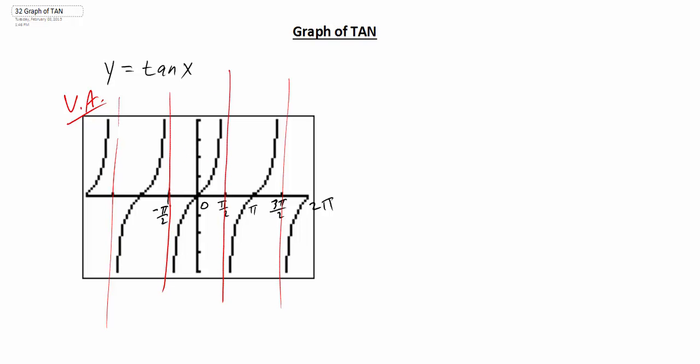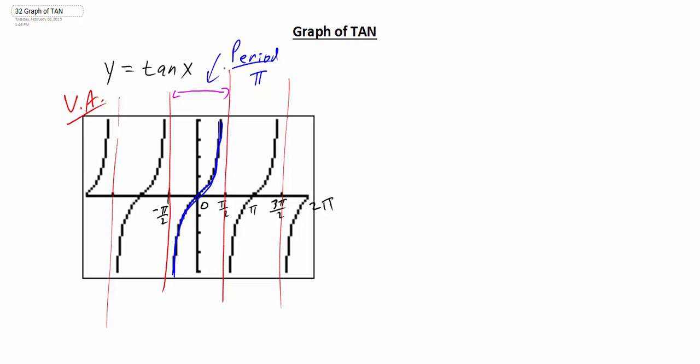If we go from negative pi over 2 to a positive pi over 2, and we look at this part of our graph right in here, once we go from negative pi over 2 to pi over 2, then the graph starts to repeat itself. So the period for just your standard tangent function is going to be equal to pi.